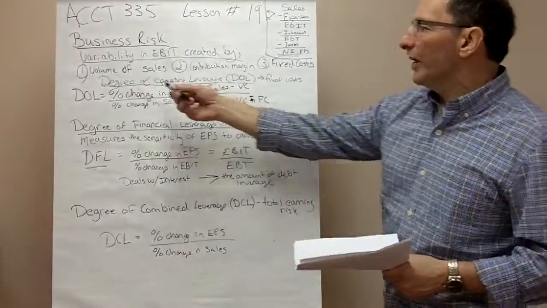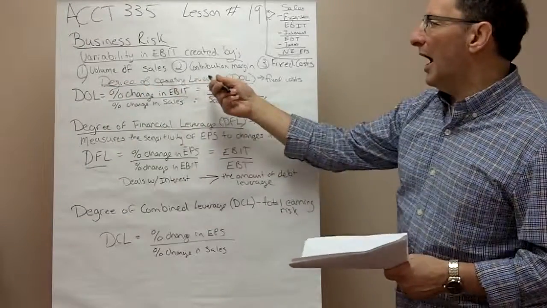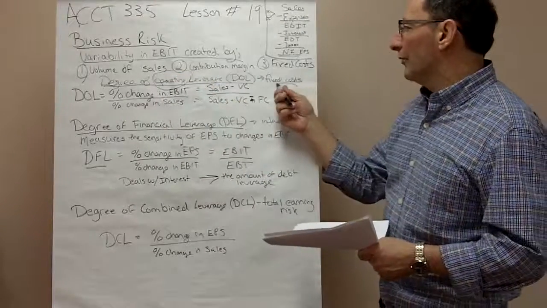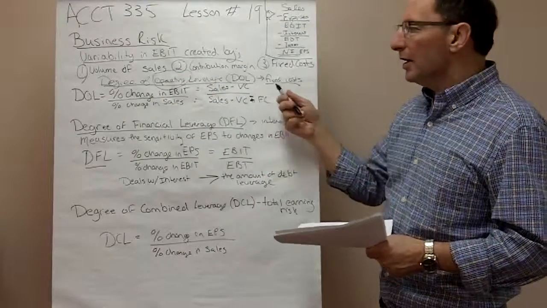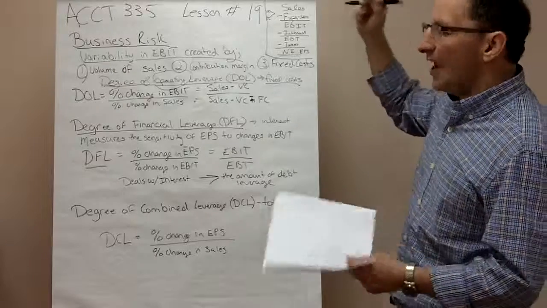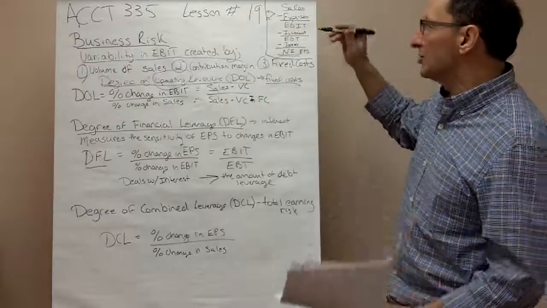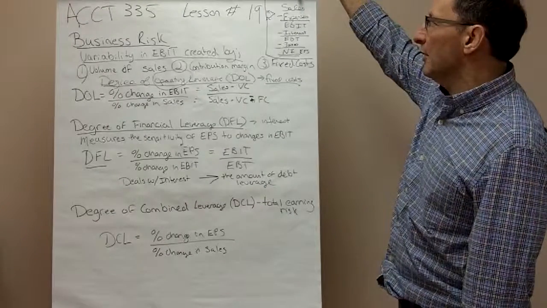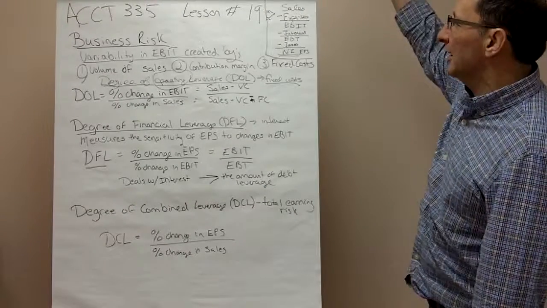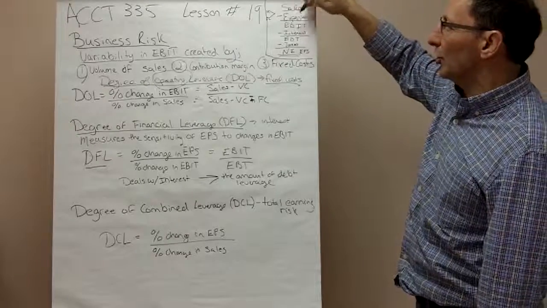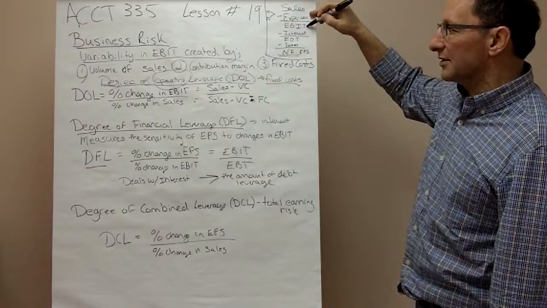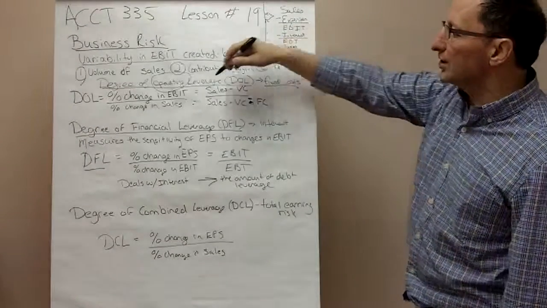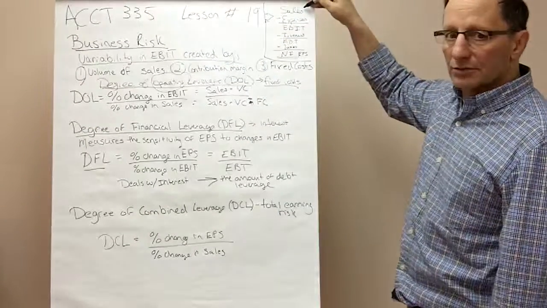Okay? Now, we can talk about the degree of operating leverage. What that really relates to are your fixed costs. Because if you take the change in EBIT, in other words, you take one point in time this year and maybe next year, and you look at your earnings before interest and taxes and how much percentage they changed versus the percent change in sales.